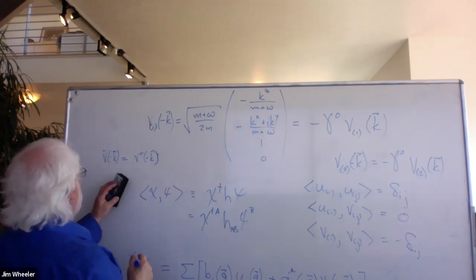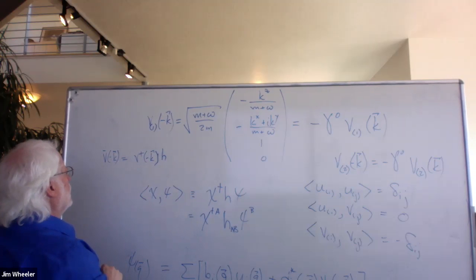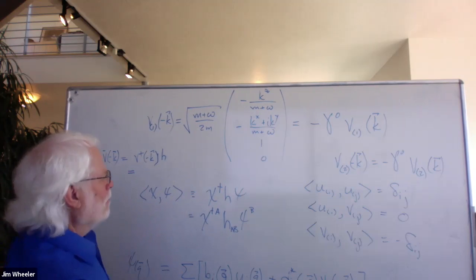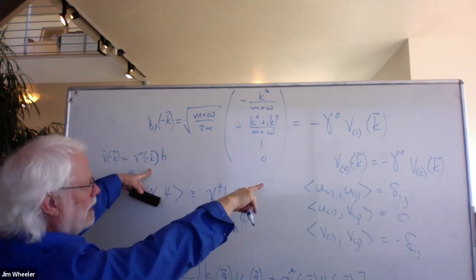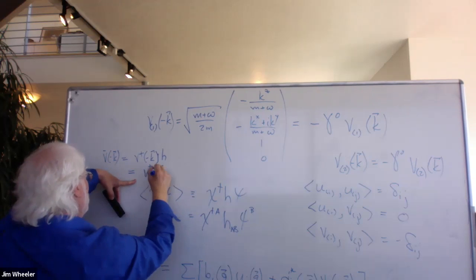V bar is v dagger h, and v dagger of minus k, right? We take the dagger of that expression over there. So that's going to be v of k dagger.